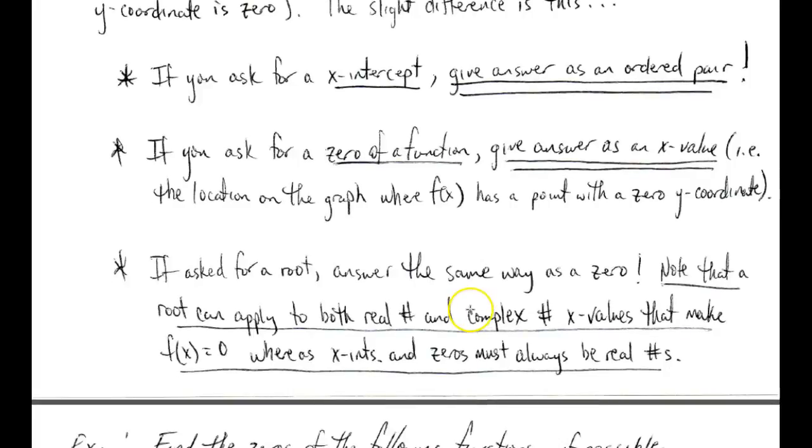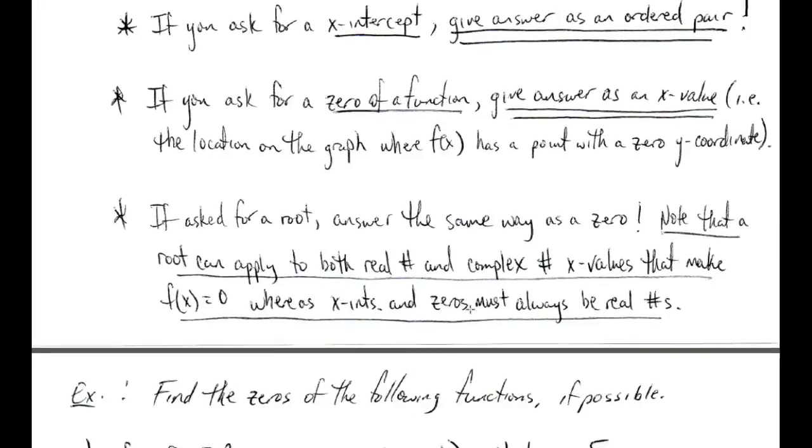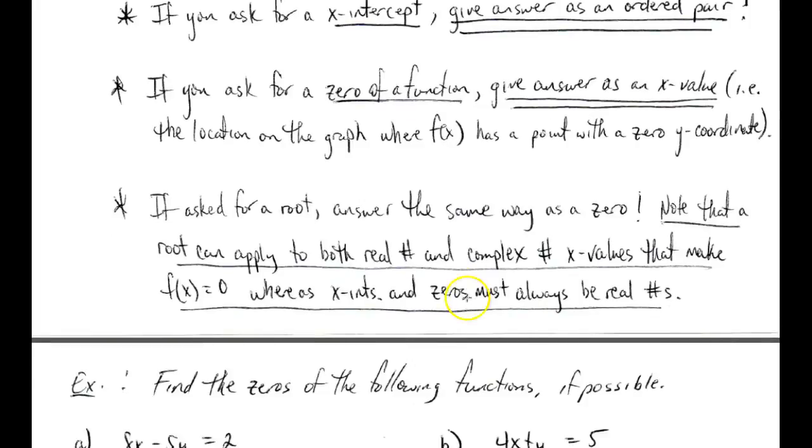A root can apply the same as a zero, but it can apply to both real and complex numbers, whereas for x-intercepts and zeros in general, there must always be real numbers. You'll see in some texts where they will say the zeros of a function and use complex numbers with that as well, but technically, if you refer to it that way, it should be a root.